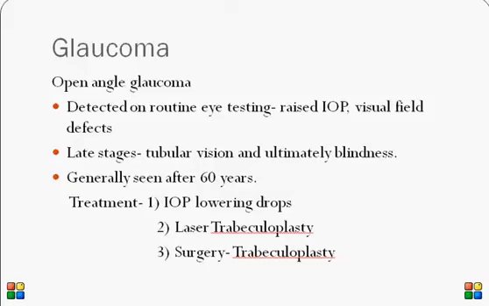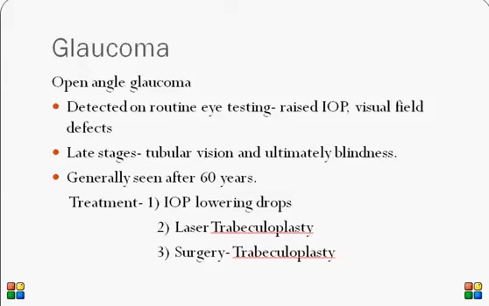So the important thing in glaucoma is regular screening. Anyone who is more than 50 years needs to see an eye doctor or an optician on a regular basis to monitor for glaucoma. If anyone in the family has got glaucoma, then the risk of developing glaucoma increases. It generally is seen after 60 years of age.